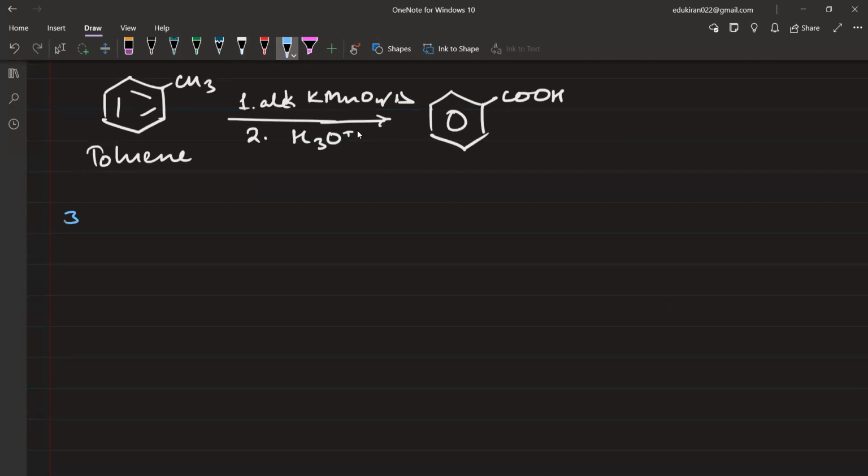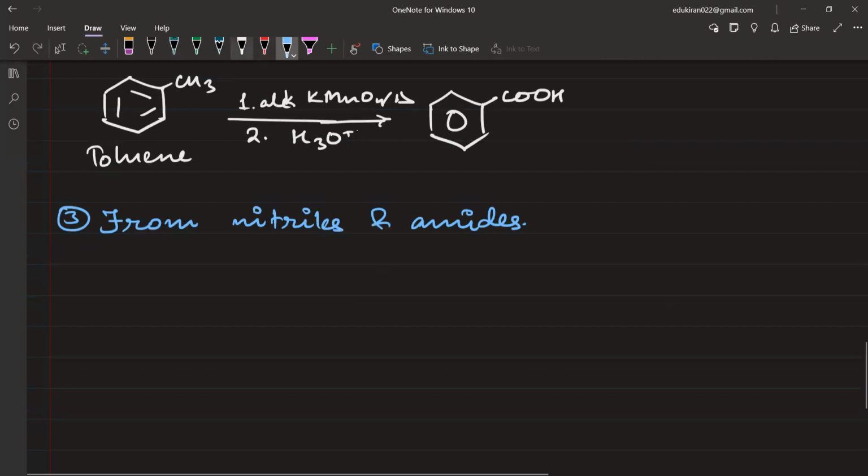Right, the third method of preparation. From nitriles and amides. Now here it is the same thing for both cases.